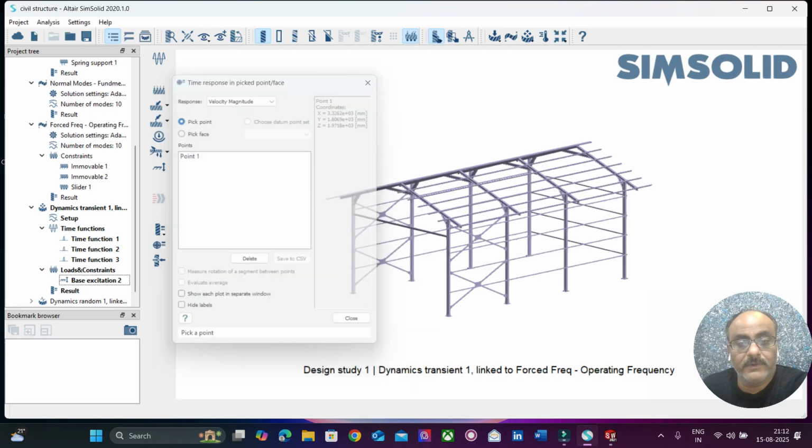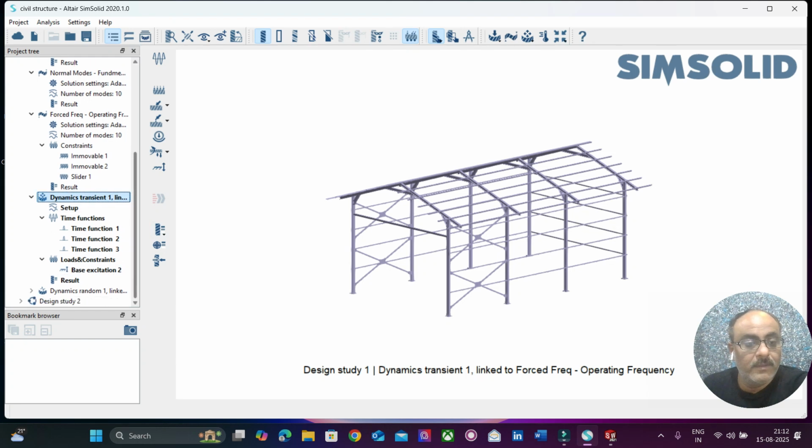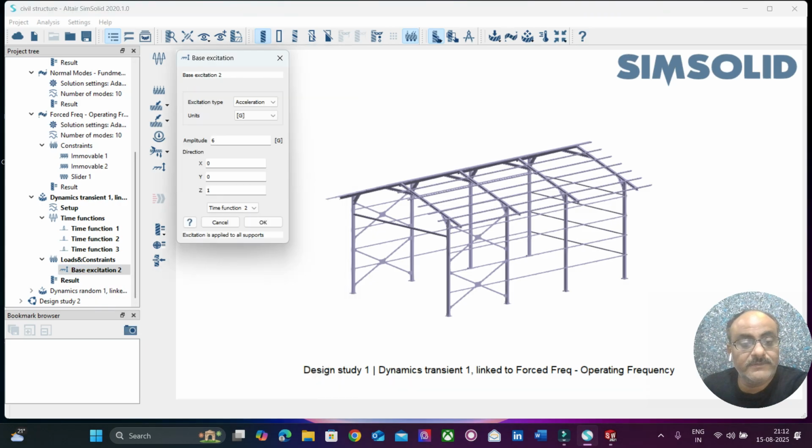Okay, and the velocity. Let's try to change it back to acceleration, and then let's see how it's going to behave with the time function.